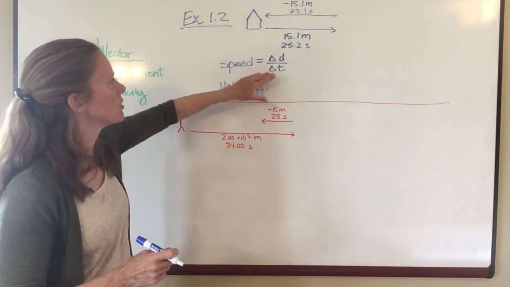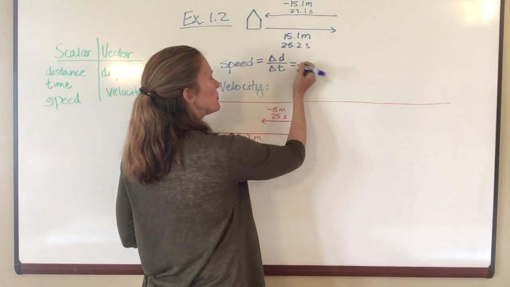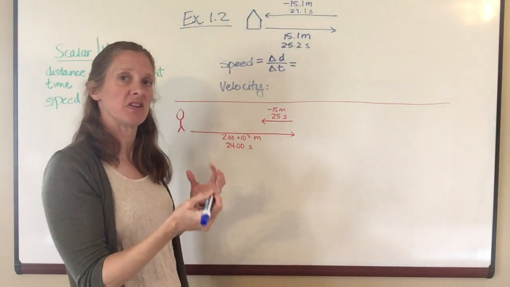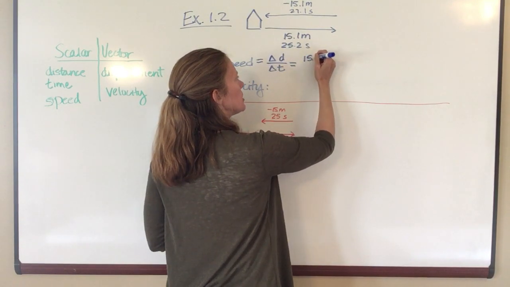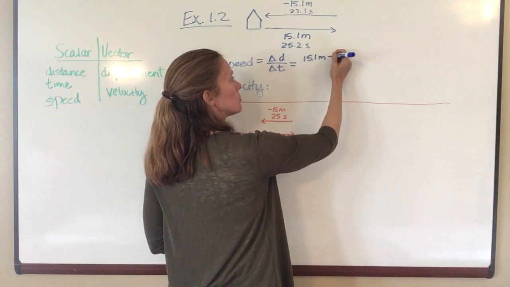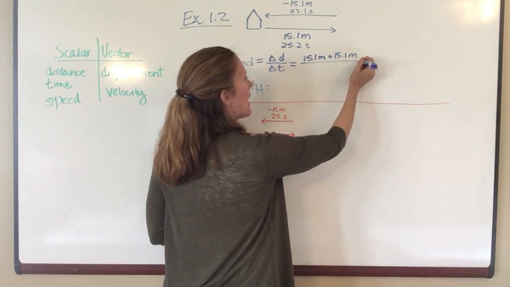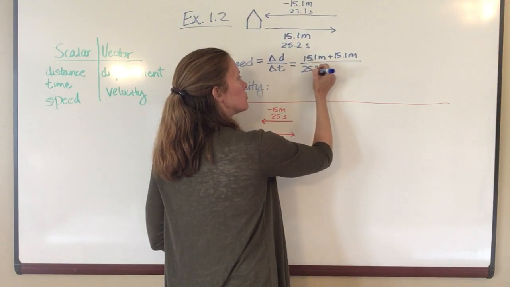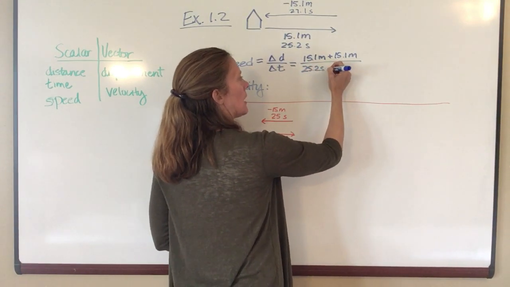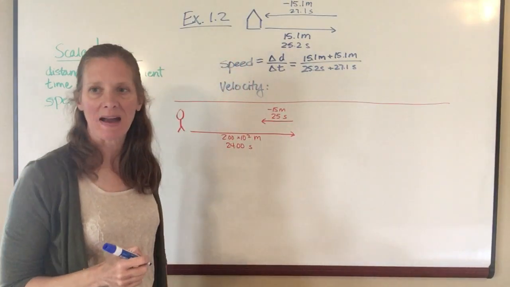So for this particular one, I'm looking at distance. With distance, I'm not looking at positive and negative numbers at all. So here, my distance is going to be 15.1 meters down and 15.1 meters back. And on the bottom, it took me 25.2 seconds down and 27.1 seconds to go back.